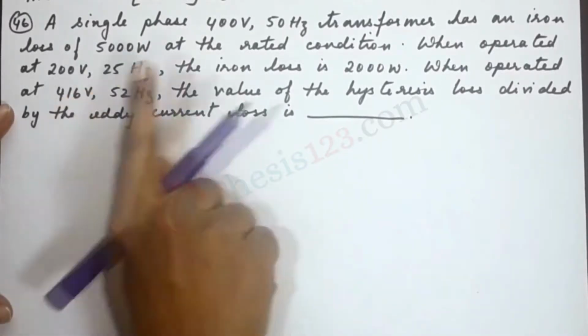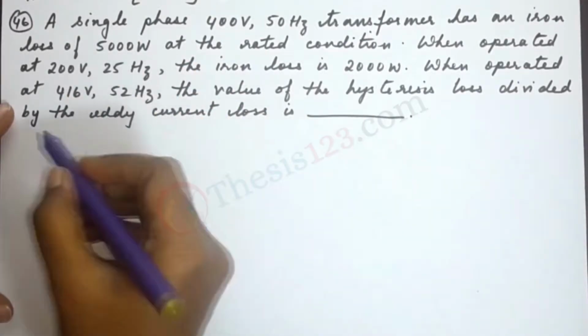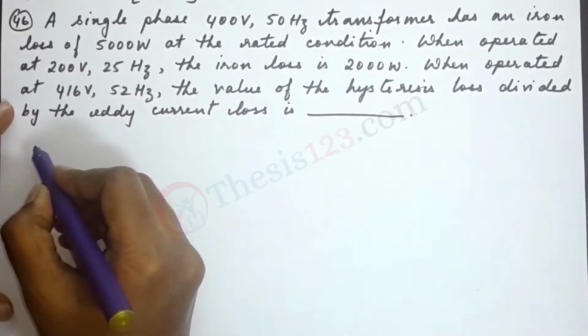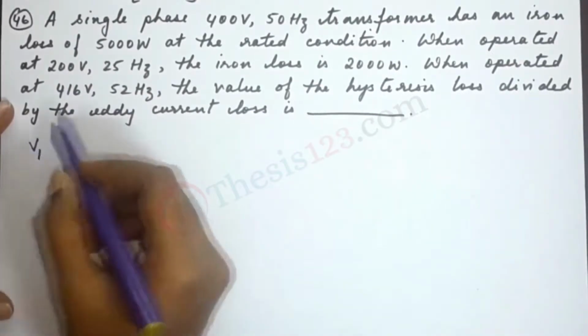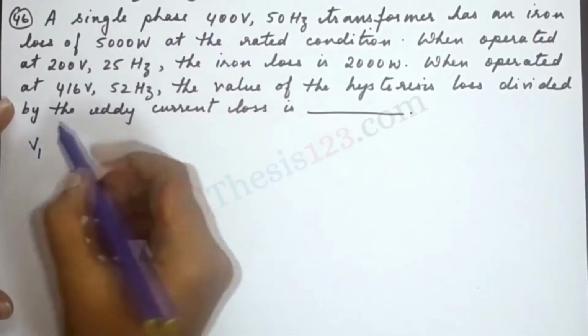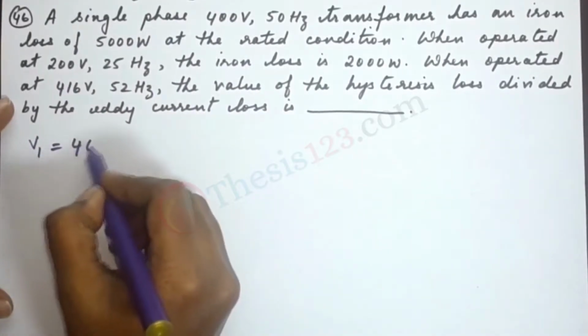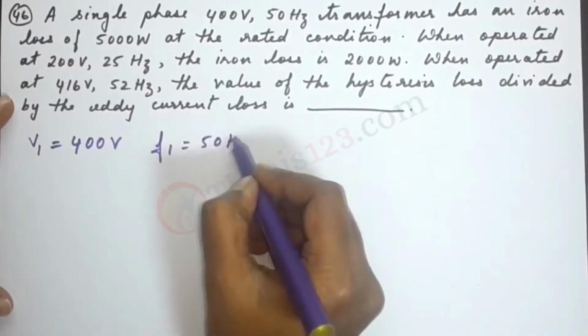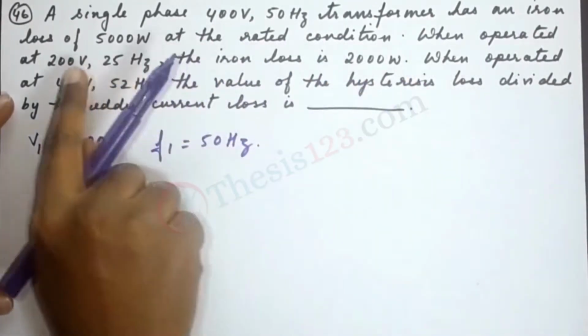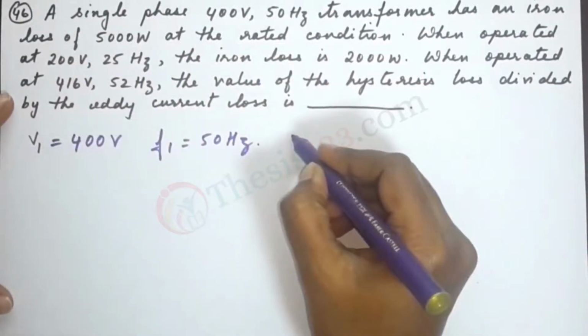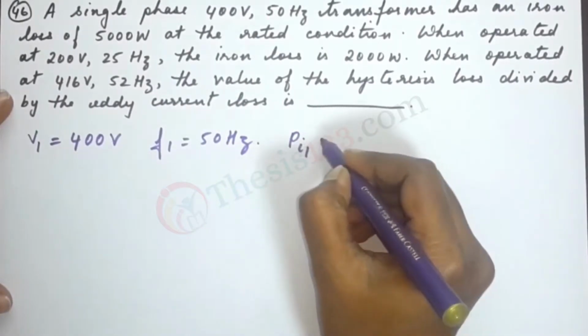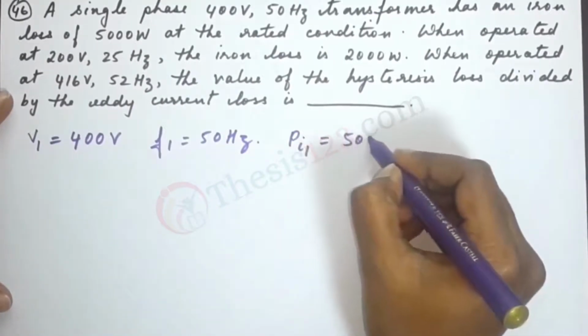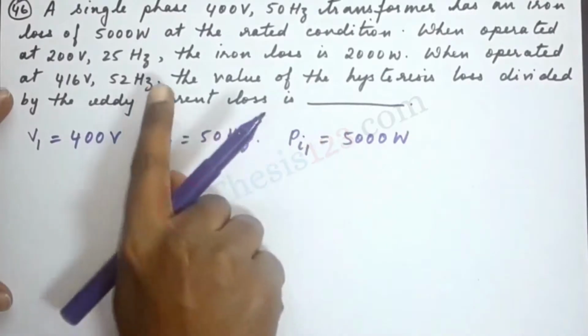So since we have a lot of information here, let's note it all down. The first thing we have is, let's consider this to be V1, single phase 400 volts. So this is V1, 400 volts, F1 is 50 Hz, and we have the iron loss, let's write that as PI1, 5000 watts.